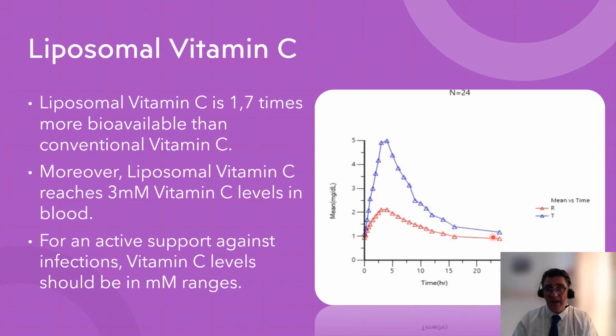And when we calculate the concentration of 1000 milligrams of liposomal vitamin C, we witness a level of 3 millimolars of vitamin C, which, as a matter of fact, is the threshold value to show a benefit of supplementing vitamin C. So it is important to actively support our body with high levels of vitamin C in our circulatory system, which must reach millimolar levels.